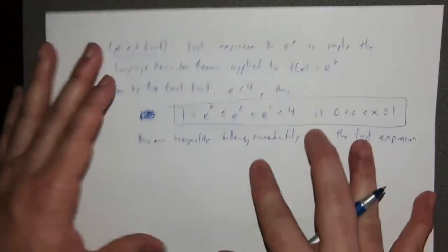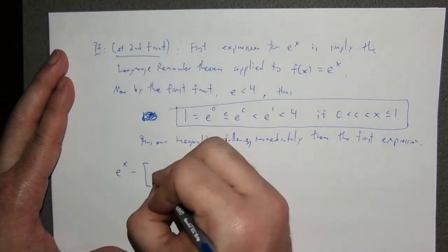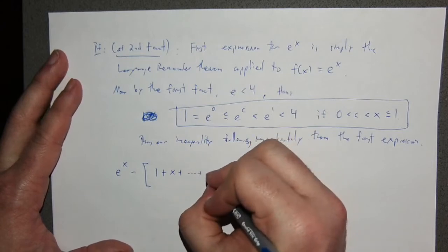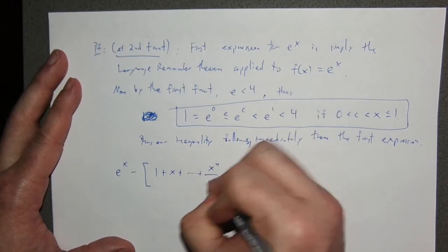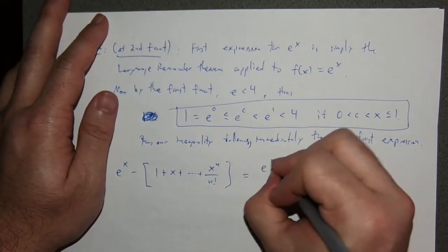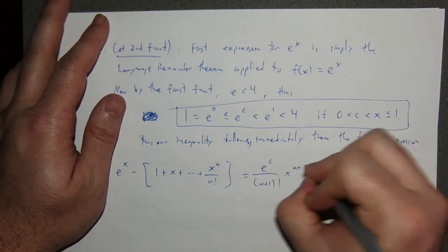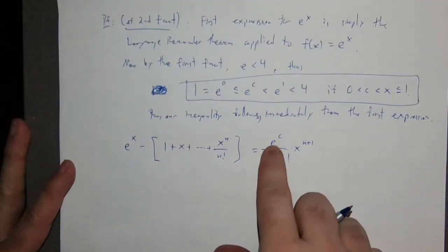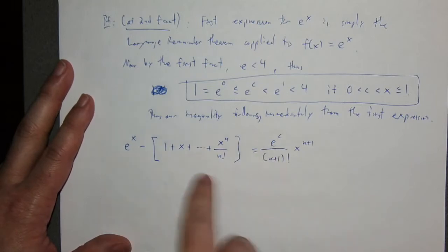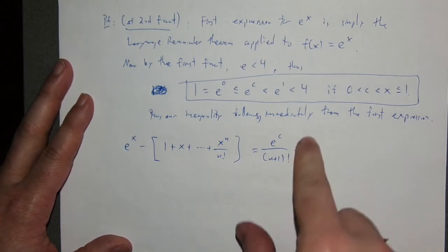So maybe I'll write this out, right? The idea is that e to the x minus 1 plus x plus and so on all the way up, the nth Taylor polynomial, if I subtract this off, this is equal to e to the c over n plus 1 factorial times x to the n plus 1. Then I use this estimate on e to the c, and then I plug in 1 here.